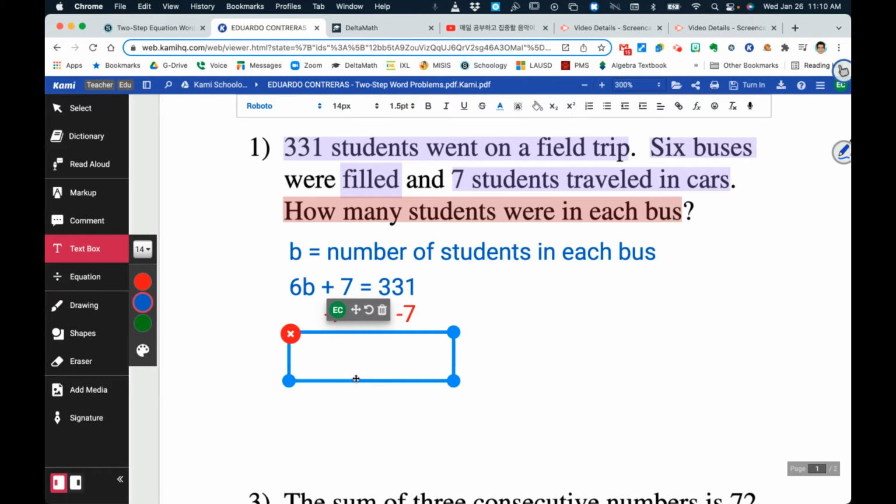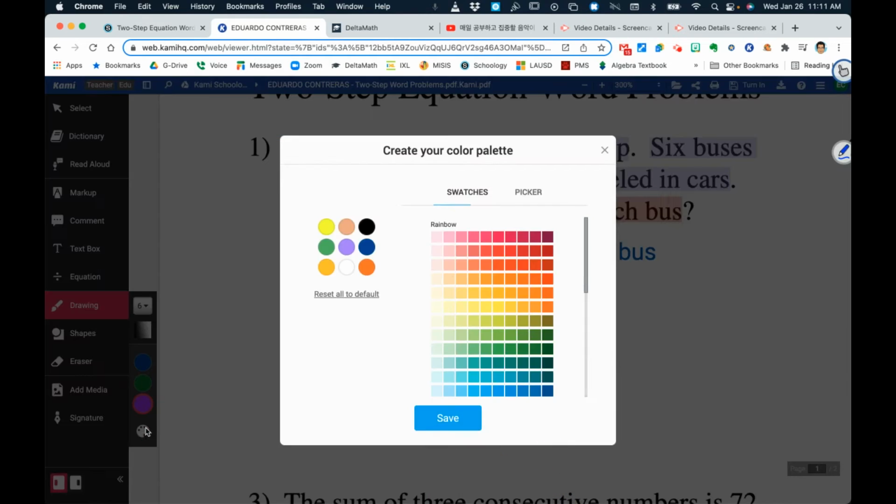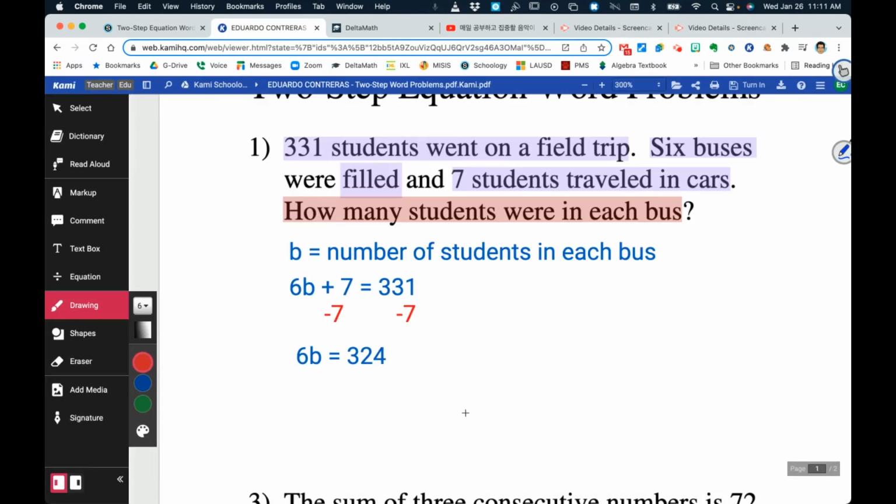I'm going to go back to blue and say 6b equals, what's 331 minus 7? I just want to show you all your options for showing your work here.